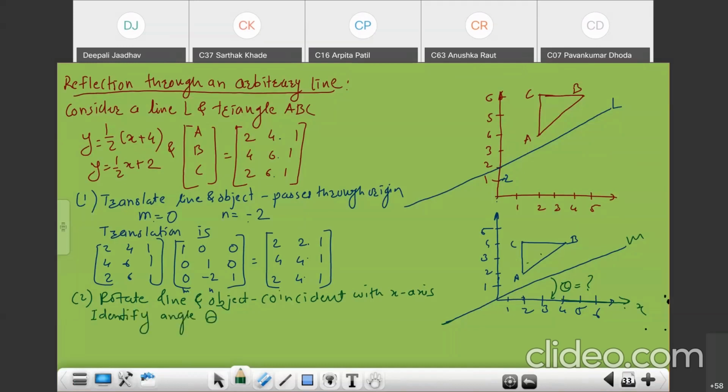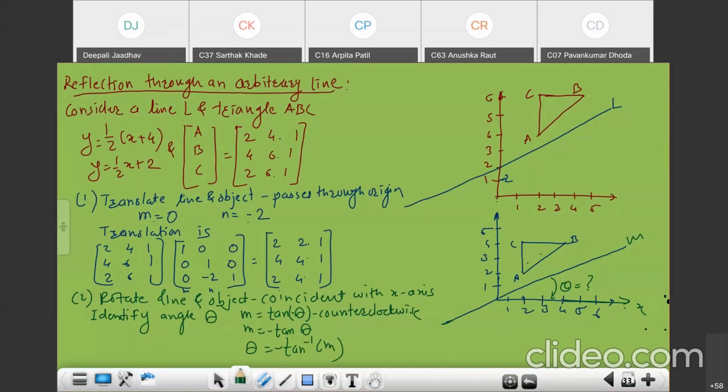The simple equation is m is equal to tan theta, or tan minus theta in counterclockwise. So m is equal to minus tan theta, and theta is equal to minus tan inverse m.